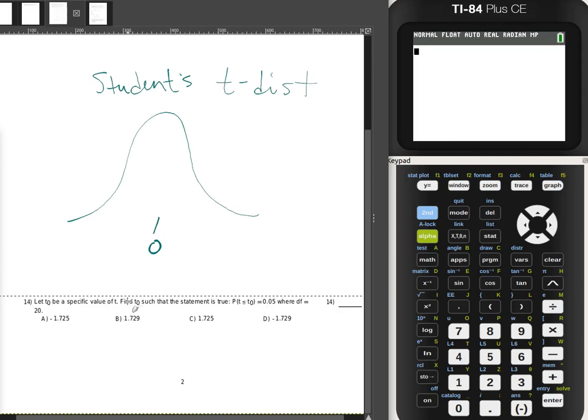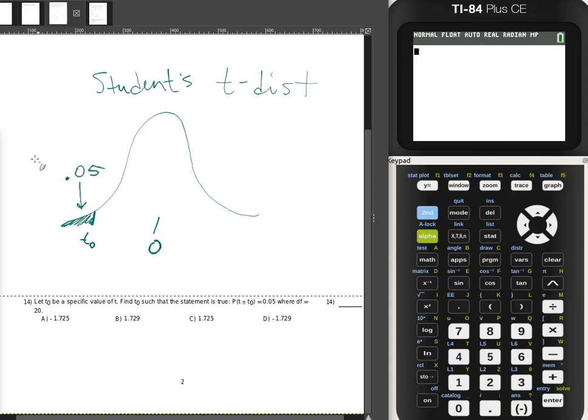Now it says find t0 such that this statement is true, and the statement says that the probability that t is less than or equal to t0 is 0.05. And since this is a probability distribution, we are looking for the probability that t is less than t0. So if t0 is a particular value like this, the probability that t is less than that should be the area in this tail, and we want that probability to be 0.05.